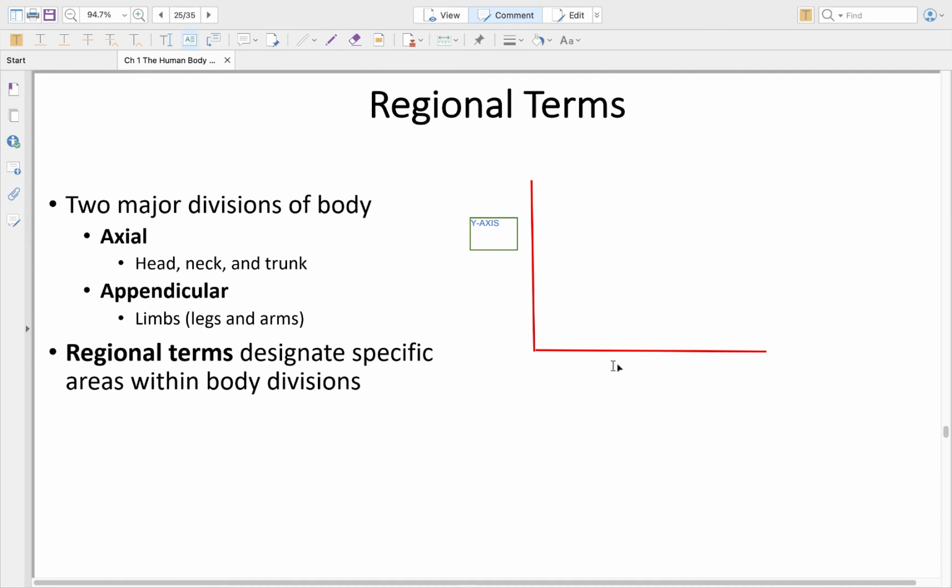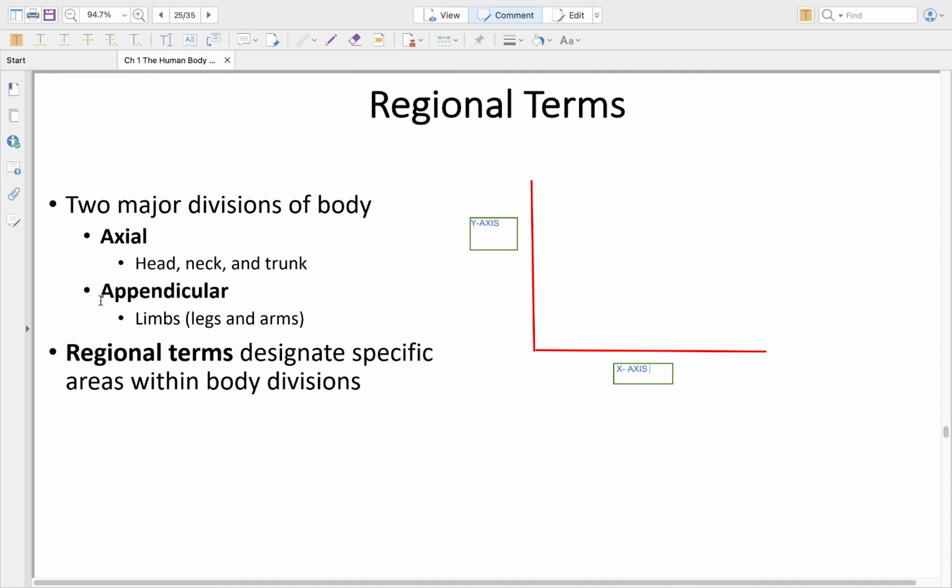And down here, this one is called the x-axis. So when we're referencing the axial division of the body, we are talking about what is right in the center, which is the head, the neck, and trunk.